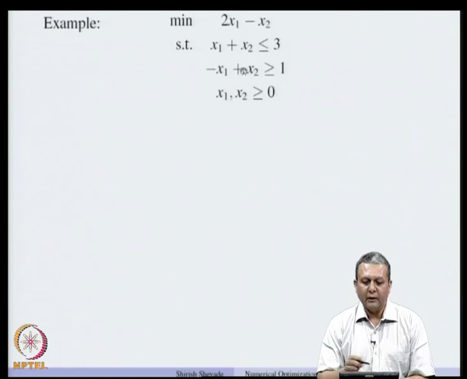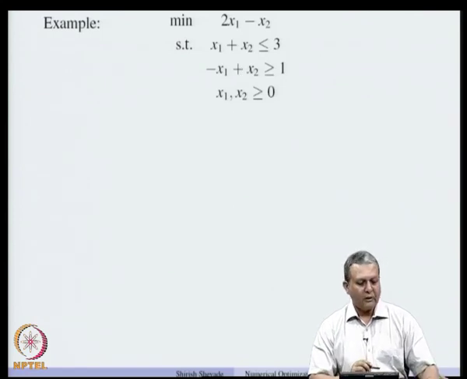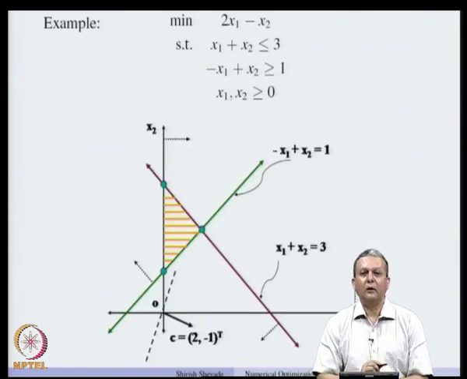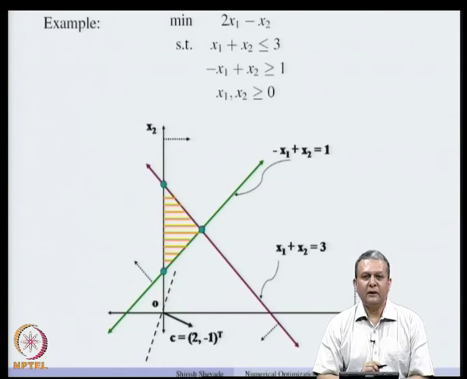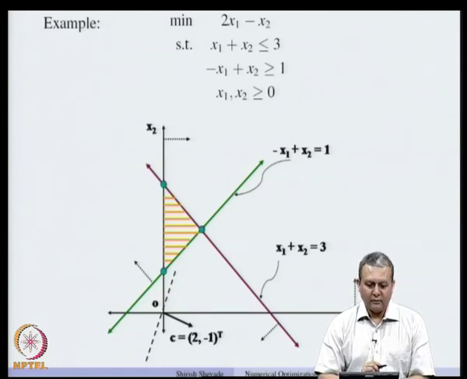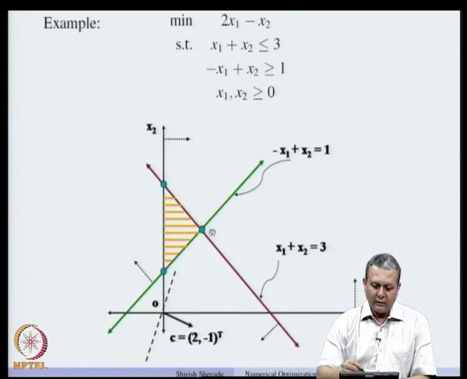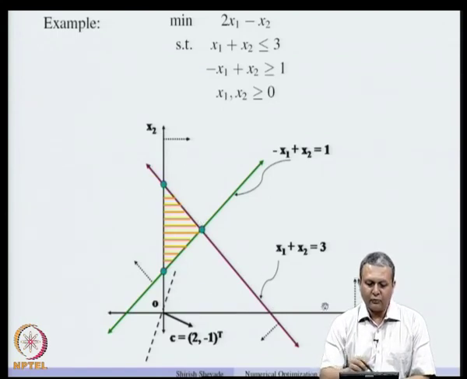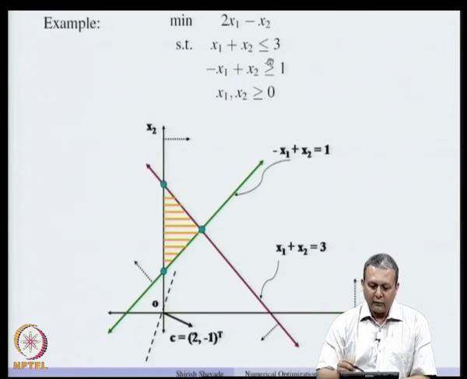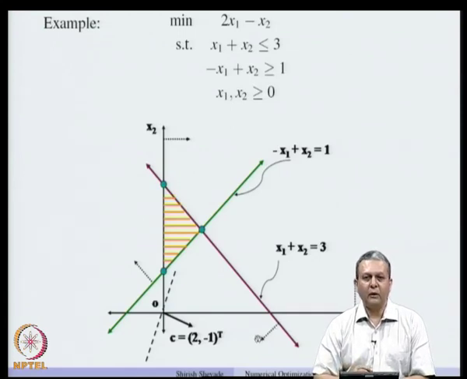But before we go into the details, let us look at the feasible set and the constraints that we have. So, the first constraint is x1 plus x2 less than or equal to 3. So, x1 plus x2 equal to 3 is the line which is shown here in the x1 x2 space, and x1 plus x2 less than or equal to 3 means that we are interested in the half space pointed by this arrow.